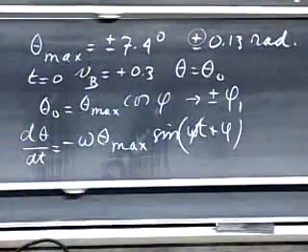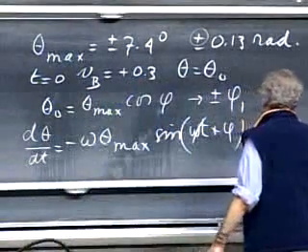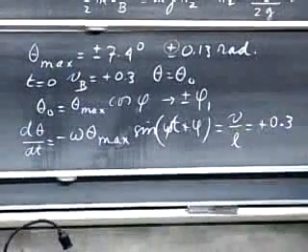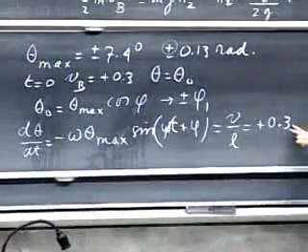What is d theta dt? Well, d theta dt is v divided by L. This is v divided by L, and is therefore plus 0.3, this plus, because at t equals 0, the angle is increasing. So it is plus.